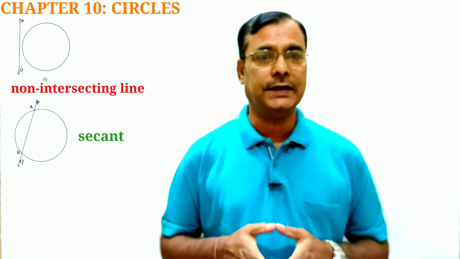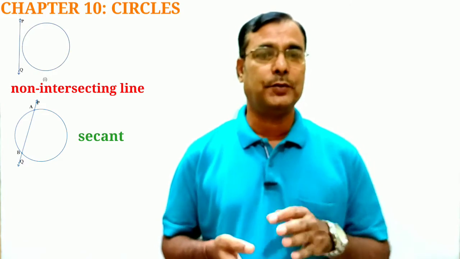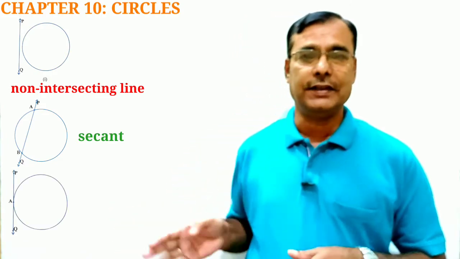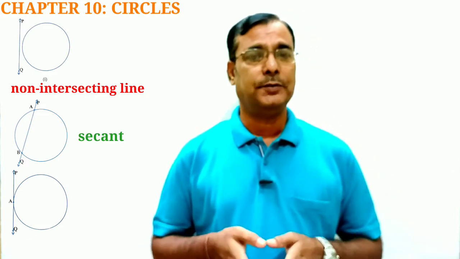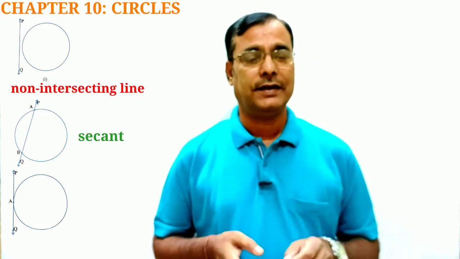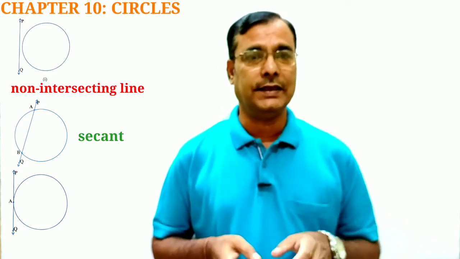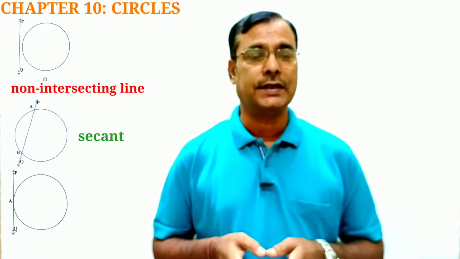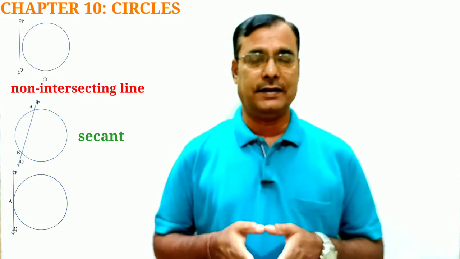The third possibility is that the straight line intersects the circle at only one point, as shown in this figure. In this situation, straight line PQ intersects the circle at only one point A. So point A is the only point common between the straight line and the circle.